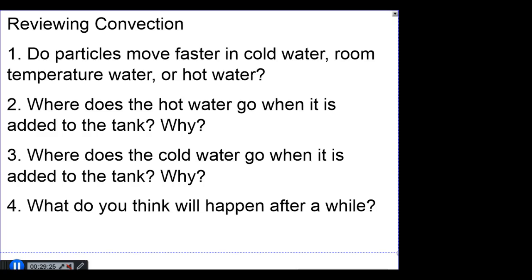I'm trying to move the water as little as possible when I do this. So what you want to look for is where is that red water ending up?